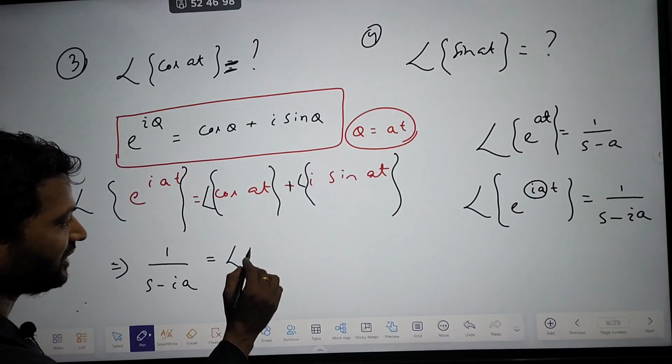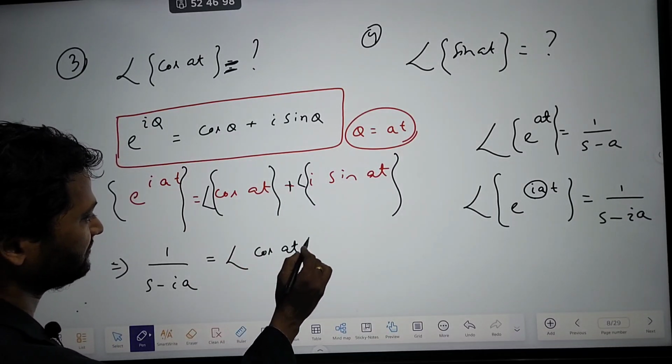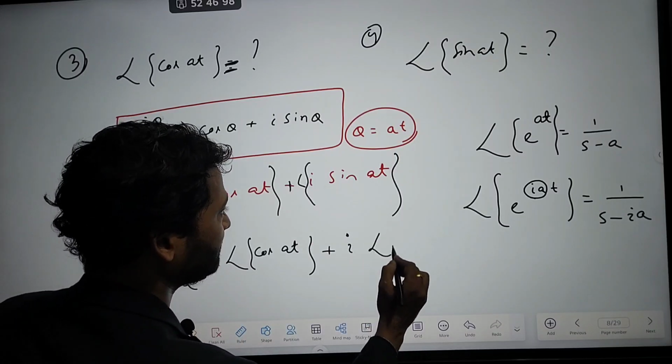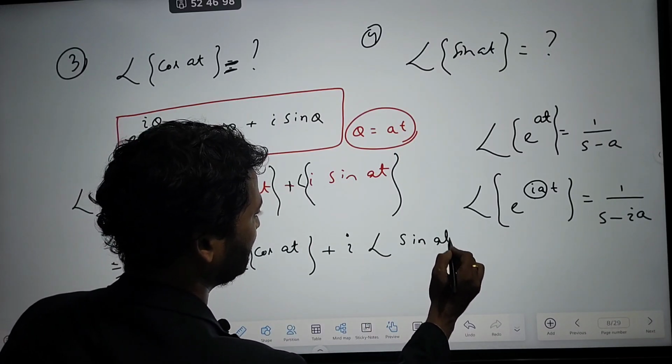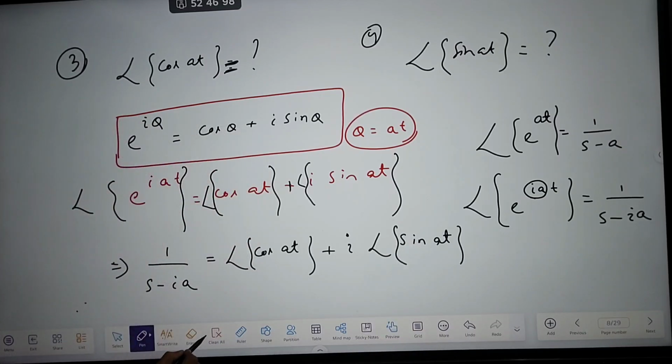So Laplace of cos at plus i, take i outside, i Laplace of sin at. Clear? Clear up to here?